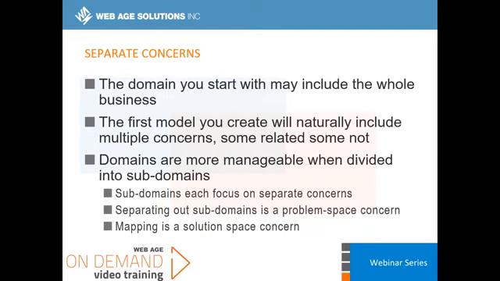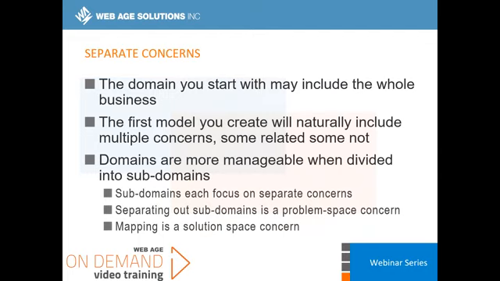But how I map those to a solution is a solution space concern. How I map the solution elements that are going to implement or create the solution for a particular subdomain is something that is a solution space concern.